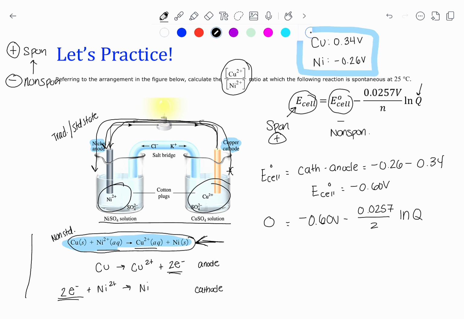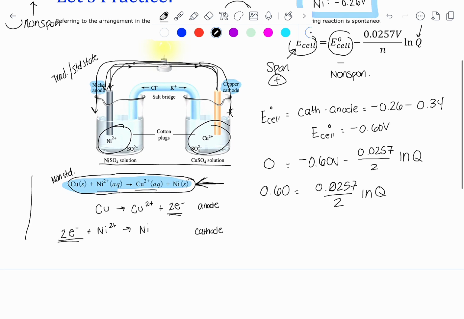So we can see that we're going to move that negative 0.06. We're going to add that, or that 0.6, to the other side. So we get positive 0.60 is equal to 0.0257 divided by 2 ln of Q. I can simplify that 0.0257 divided by 2.